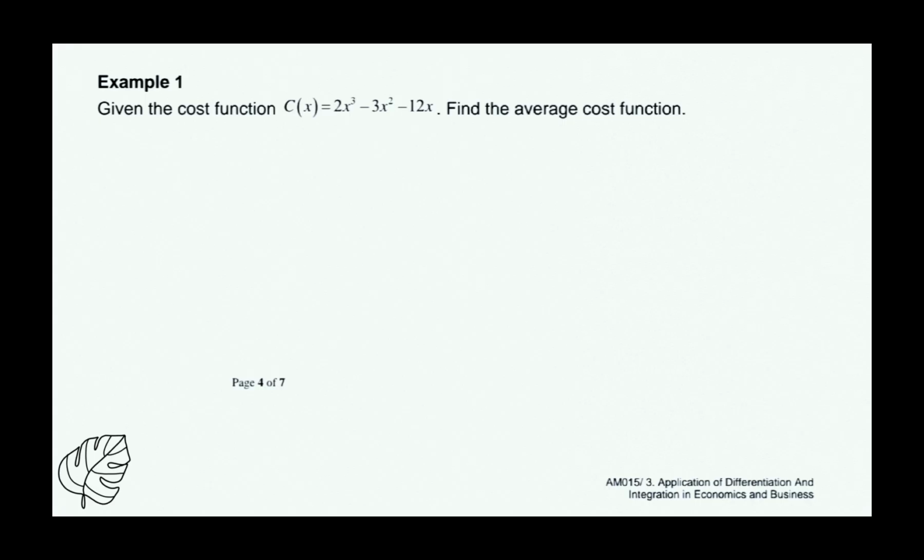Let us look at example number 1. Given the cost function C of x equal to 2x cubed minus 3x squared minus 12x, find the average cost function. So the average cost function C bar of x is given by C of x divided by x. So C of x is 2x cubed minus 3x squared minus 12x divided by x.